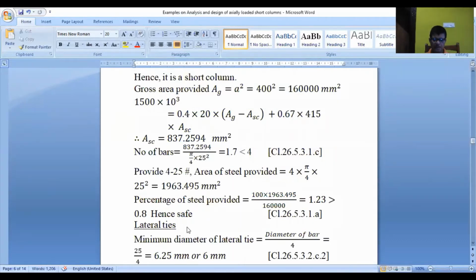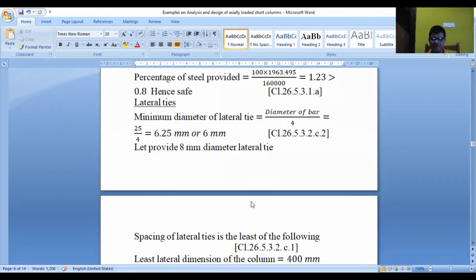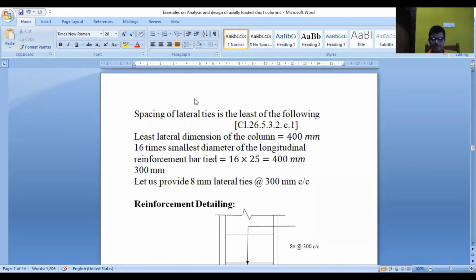Now we'll provide the lateral ties, because once you find the longitudinal reinforcement, for the lateral ties, as you know, the minimum diameter is equal to diameter of bar by 4, that is 6.25 or 6, and the minimum value is, I will mark it, 8. So provide 8 mm ties. Now what is the spacing? Go to this clause number 26.5.3.2.3.1.